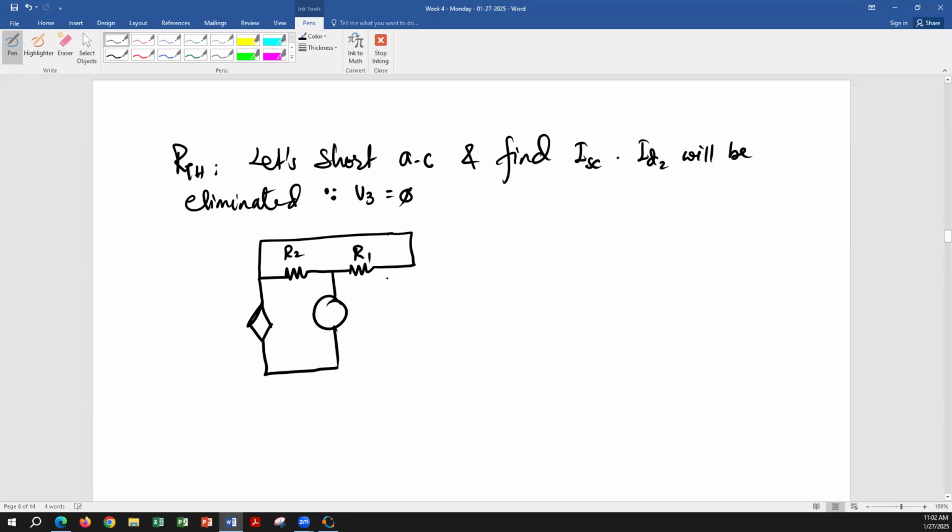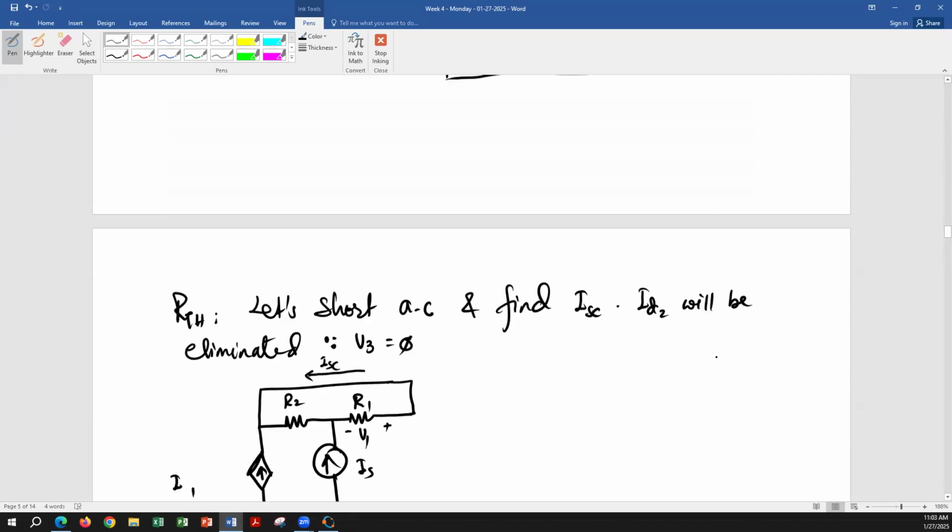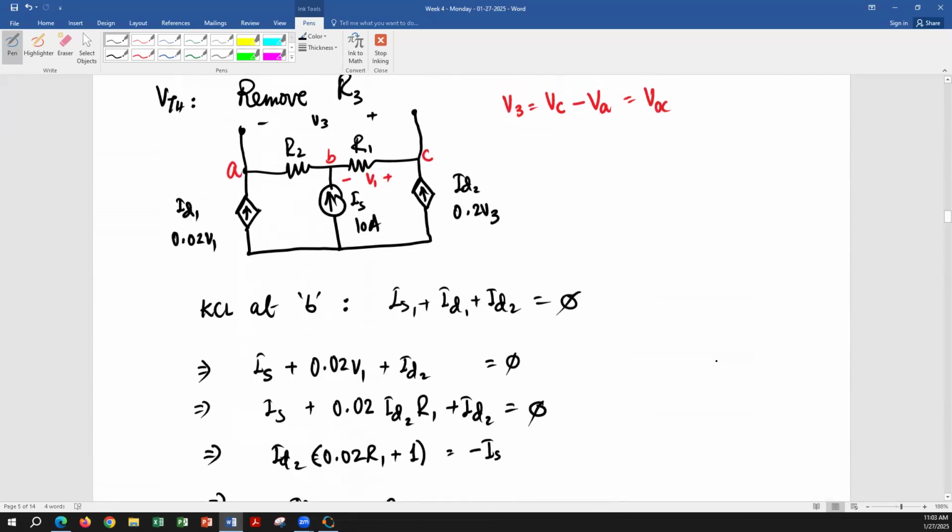This is R2. V1. That is going to be your circuit. And you can find the short circuit current. Whichever direction, doesn't matter. 0.02. Okay.